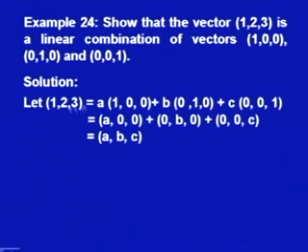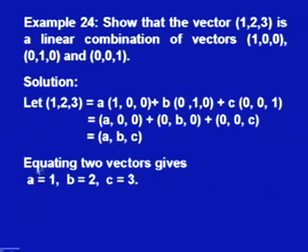That means there exist scalars A, B and C such that (1, 2, 3) is equal to A times the first vector plus B times the second vector plus C times the third vector. So, if you add them up, we will have (A, 0, 0) plus (0, B, 0) plus (0, 0, C), and this gives me (A, B, C).